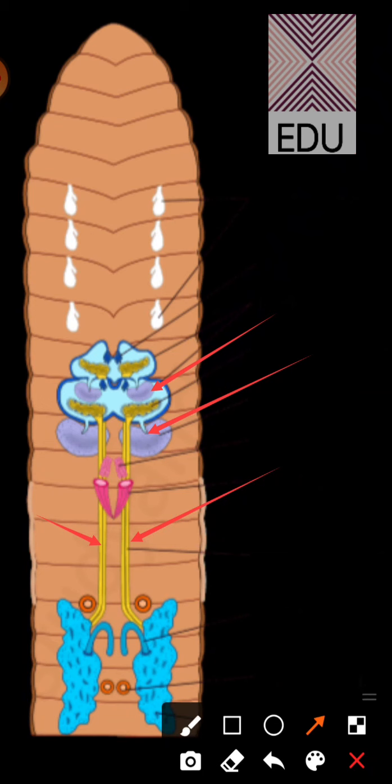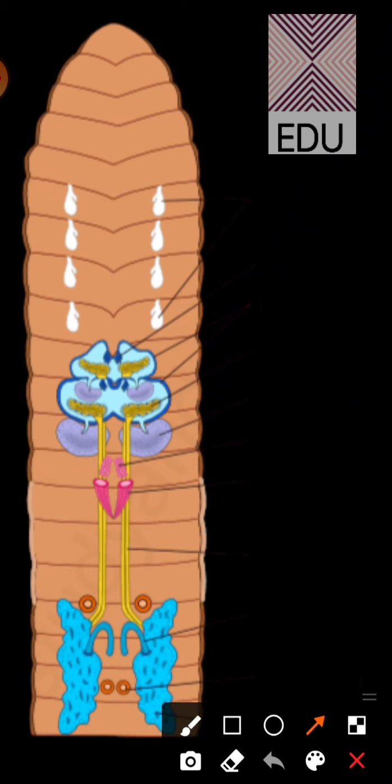Two are coming on the right side from the seminal vesicles of the right side. So they are taking the sperms downwards on both sides. So ultimately, the sperms are going down up till the 17th segment.